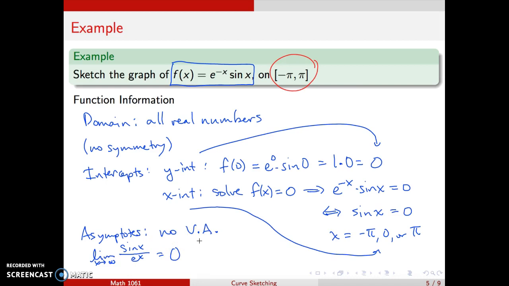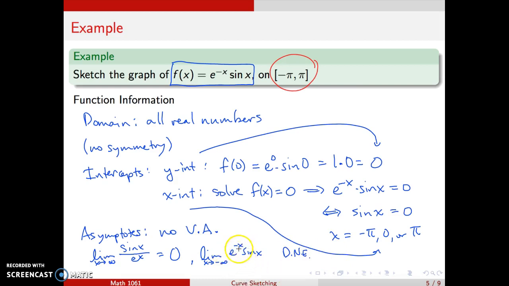And we could figure that out using something like a squeeze theorem setup, because the sine is going to bounce between -1 and 1, but the e to the x is going to blow up. So we get larger and larger values, so the whole thing is getting closer and closer to 0. The limit as x goes to negative infinity, well, that does not exist.